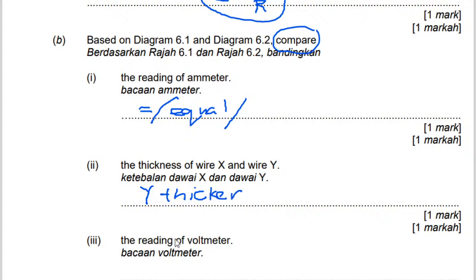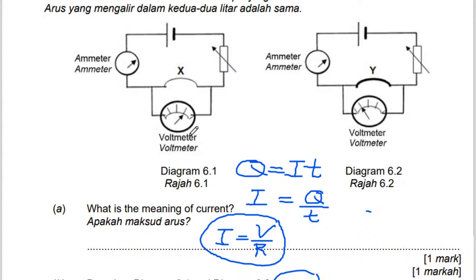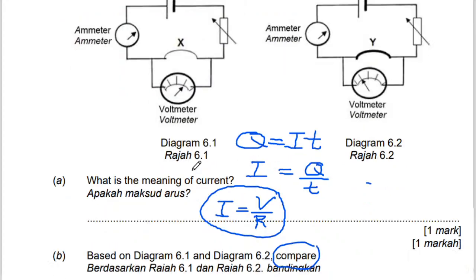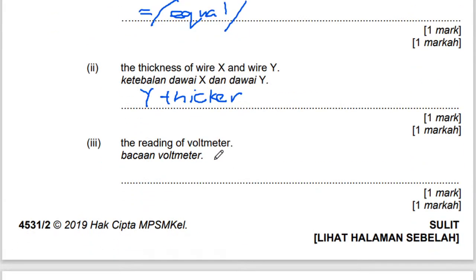And then the reading of the voltmeter, mana lebih besar? 6.1 is more. Okay, so 6.1 is bigger. So for the reading of the voltmeter, 6.1 is greater than 6.2.